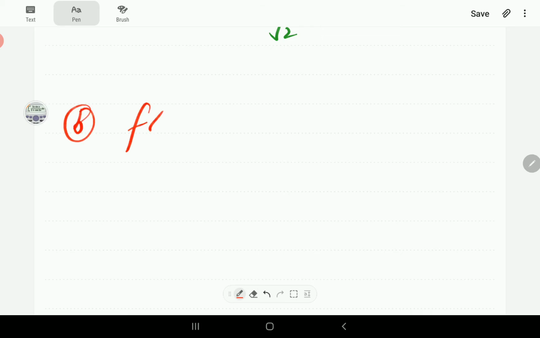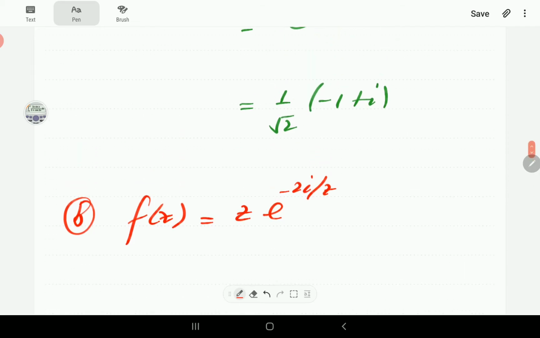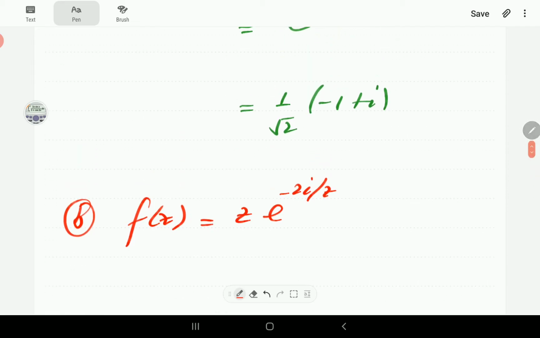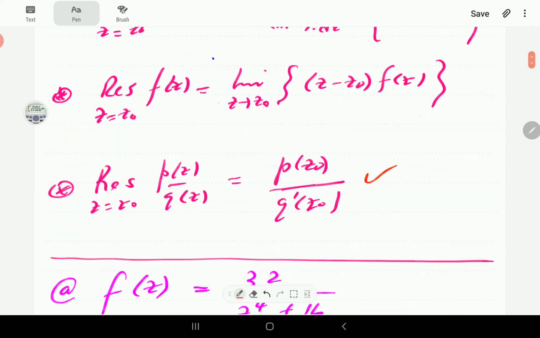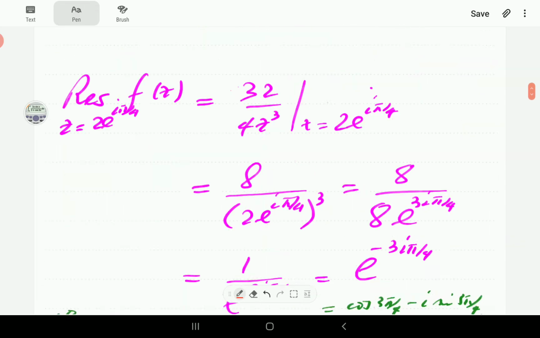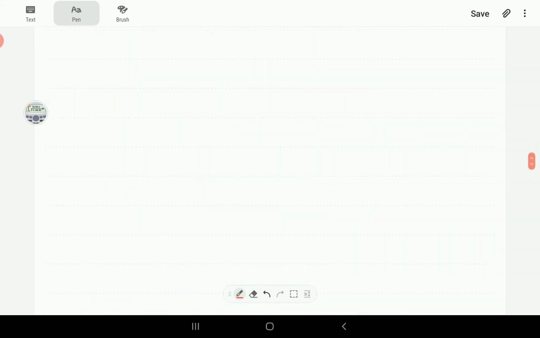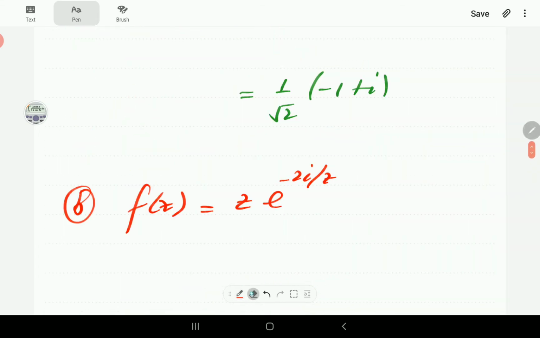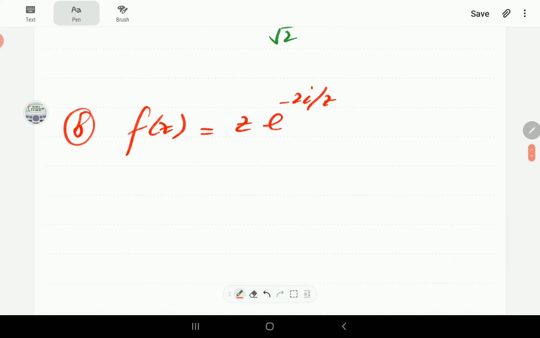If we go to B, we've got z e to the minus 2i over z. Just make sure. Yes. So this one, you can see that this term here is going to have a problem when z is 0.